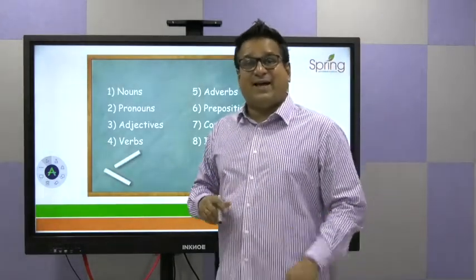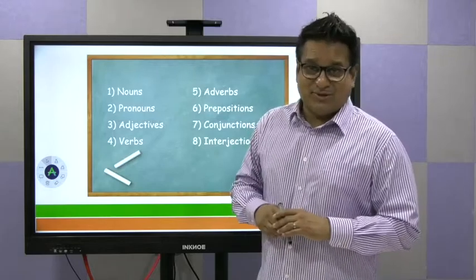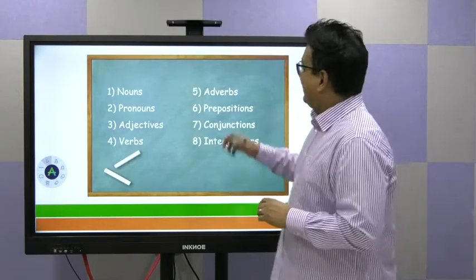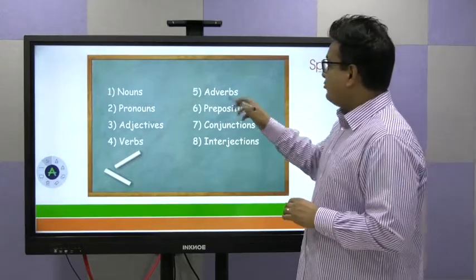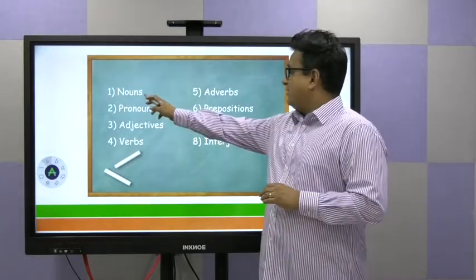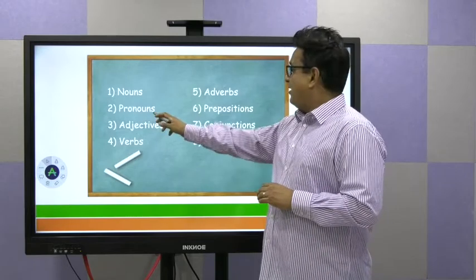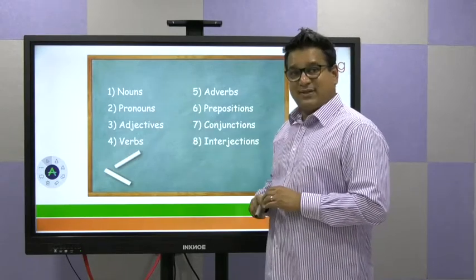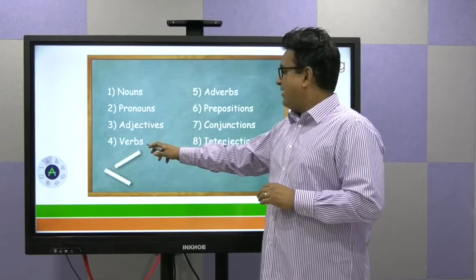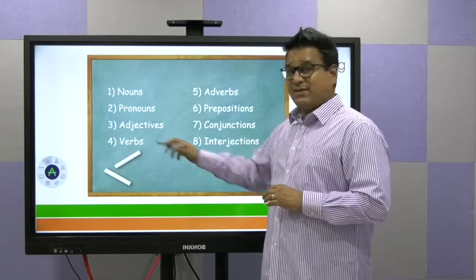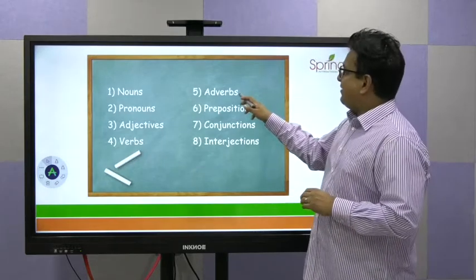Remember, I said there are 8 parts of speech, correct? The 8 parts of speech are all here. Nouns is the first one. Pronouns, number 2. Number 3, adjectives. Number 4, verbs. Number 5, adverbs.